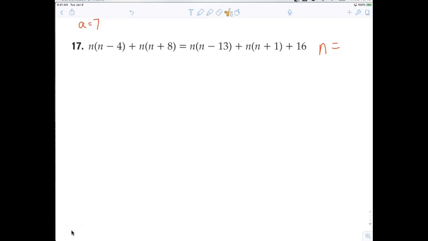N equals 1. All right. Let's double check you. Make sure you're correct. N equals 1.